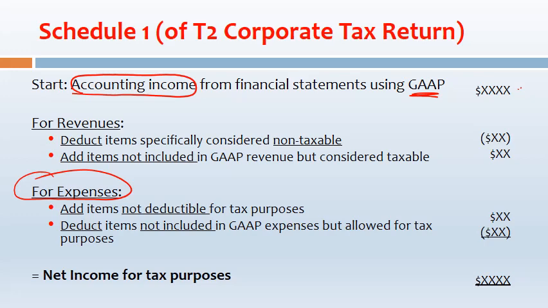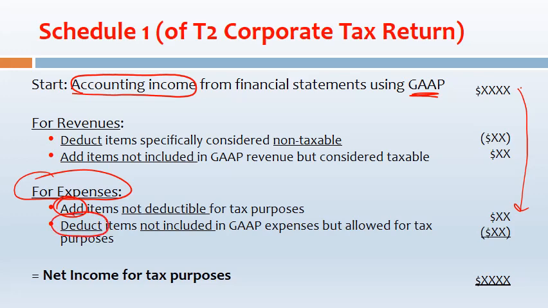So what we're going to do is we're going to have our running reconciliation going here, and then we'll be taking a look at expenses. Now, any expenses that were deducted for accounting purposes but are not deductible for tax purposes, we're going to add back. We are then going to deduct any items that are not deductible for accounting but are deductible for tax purposes.